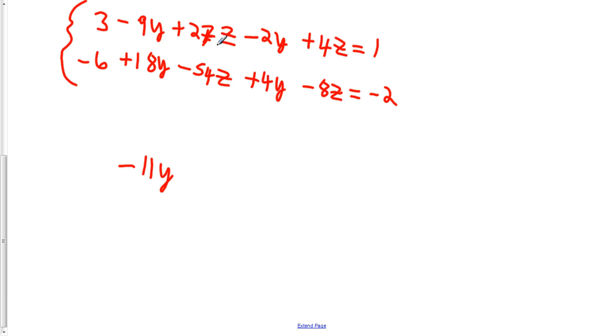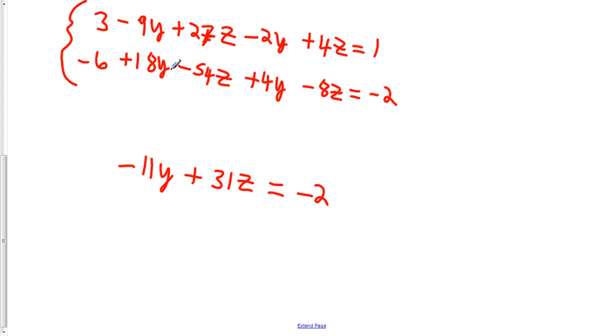I have here a 27z and a plus 4z, that when I combine I'll get a plus 31z. And I have here a 3 that when I subtract it from both sides, it disappears from over here. But then I get 1 minus 3 on the right side, which is negative 2.